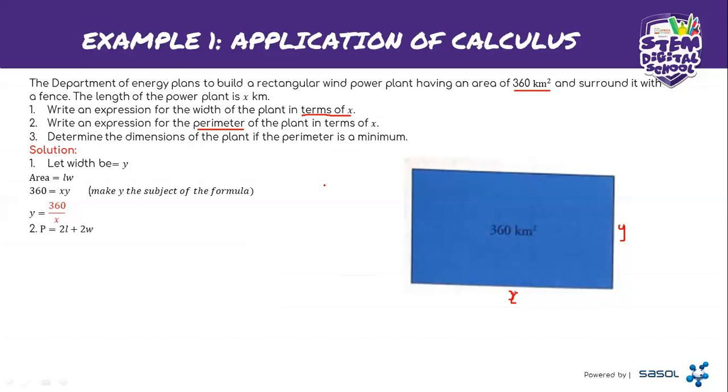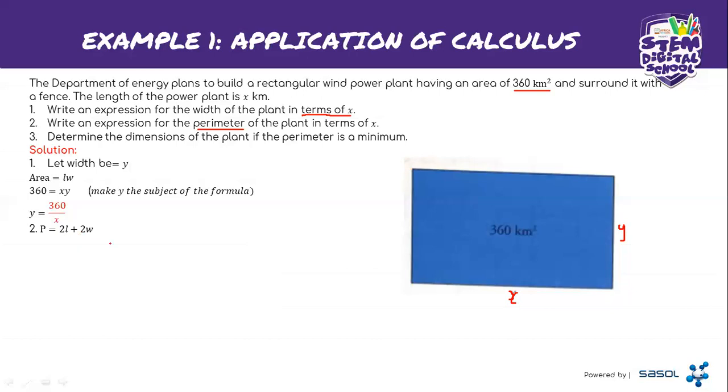Now, how do you write that? This is the formula for perimeter. You remember, 2 length and 2 width. Why 2? Because remember, we've got two lengths. The length on top, and we have another length just below. And then we have the width on this side, and another width on this side. So hence, we're saying 2 length plus 2 width.